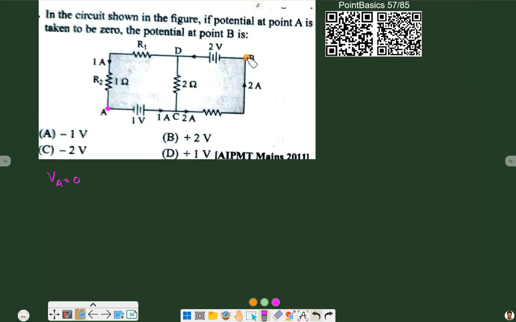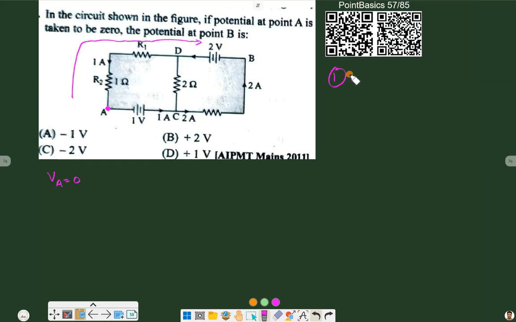So now to reach point B, starting from point A, we have different paths. First, we have this one. Let me write it down.